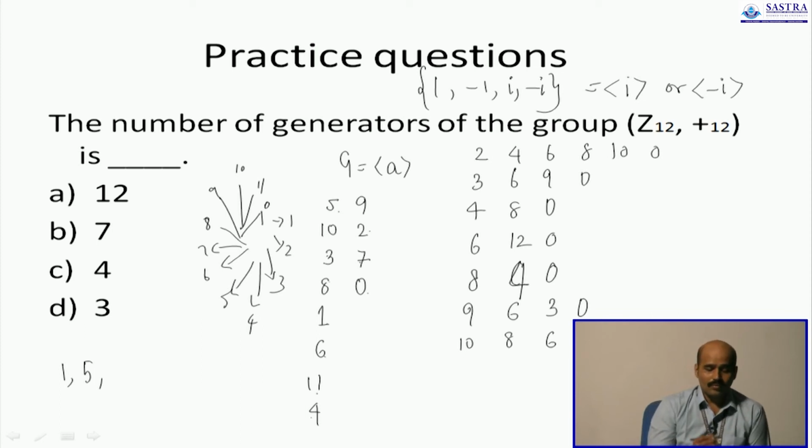Now 1 generates, 5 generates, what is missing here? 7. Does 7 generate? Yeah.